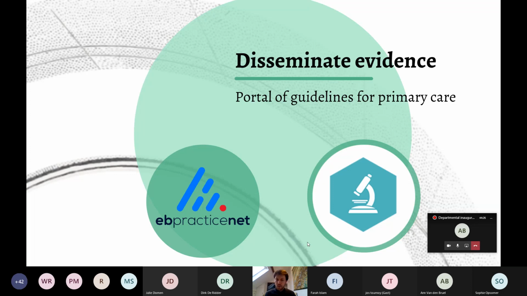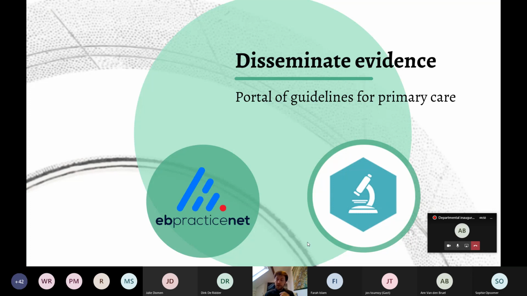And clinicians had difficulty trying to find all these guidelines because they were all being disseminated across a variety of platforms. So the idea was to centralize all these guidelines in a common platform, and to make direct access to this platform from within the electronic health record.